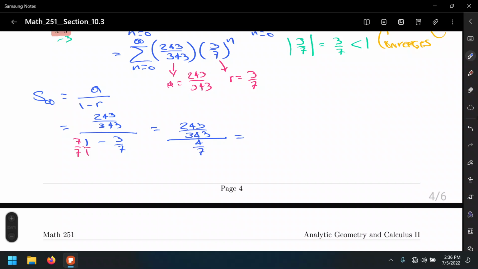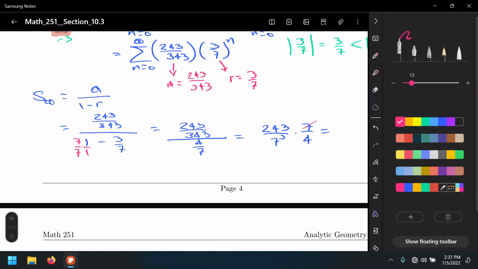So let's rewrite this as 243, and I'm going to rewrite this 343 back as 7 cubed, just so you can see how we do the cancellation or the simplification. Times 7 over 4, and we can cancel 1 power of 7.